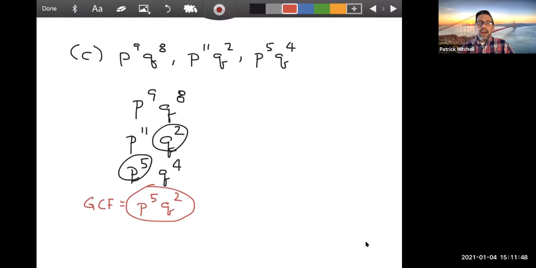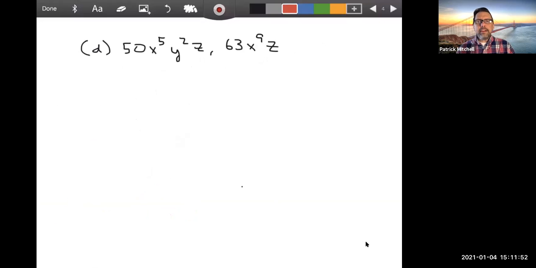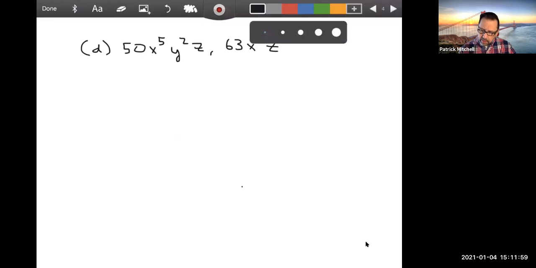Okay. All right, so for the last example of this type, I have thrown the numbers and the variables together. So the first thing I'm going to do is do factor trees on the numbers.